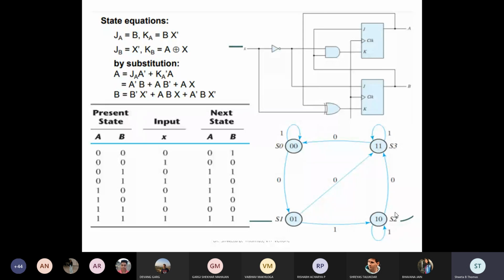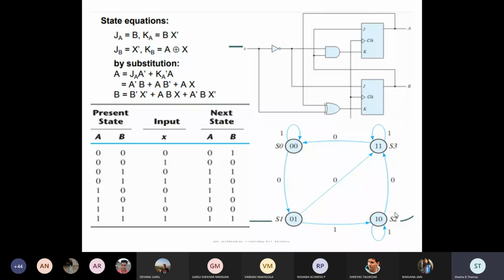Okay. So it is equal to J A complement plus K complement A. Again, you can simplify it, and based on that, you can derive it. Okay. So one or two, if you want, you can cross check.